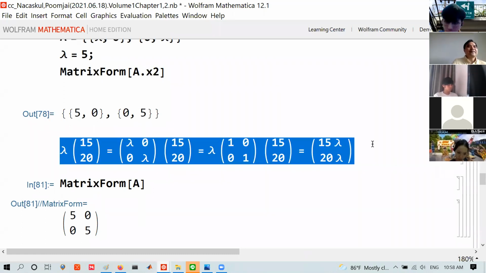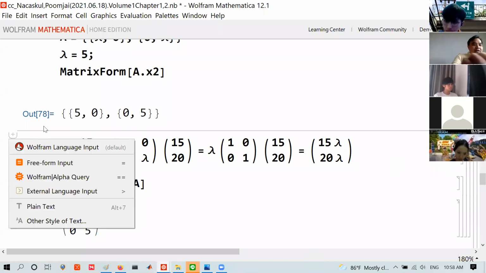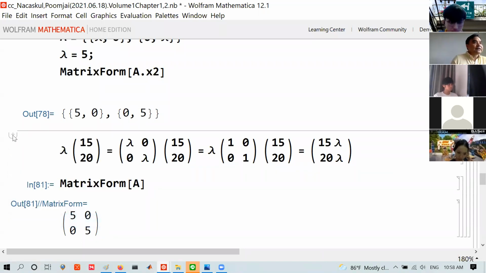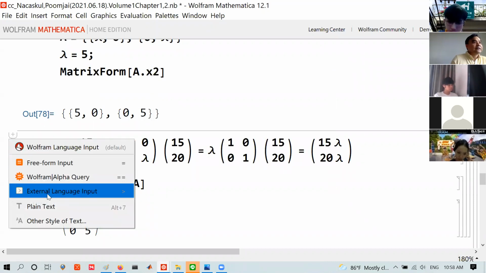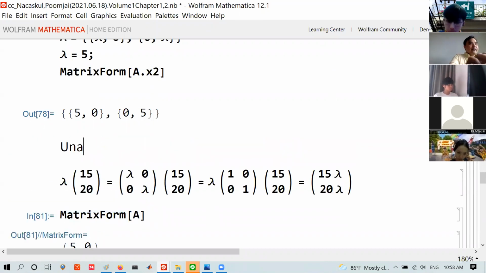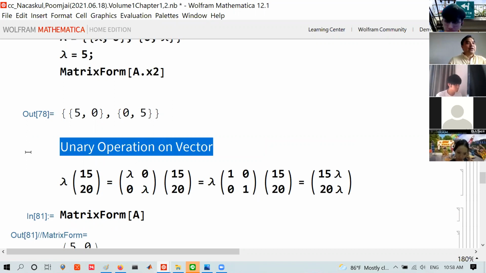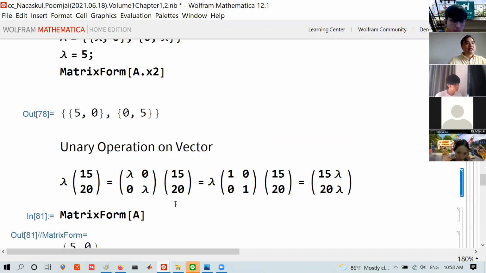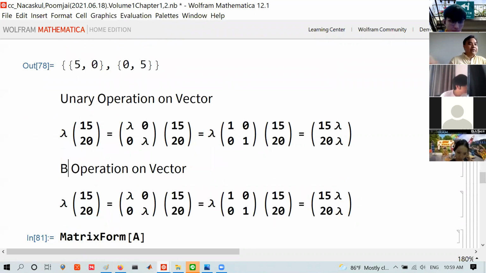Now, of course, this is one operation you can do. This is a unary operation. Unary operation on vector. Okay. Now you can have what else? Binary operation on two vectors.